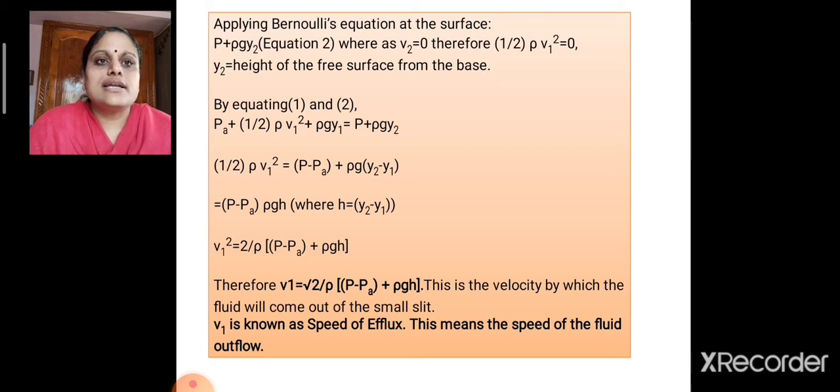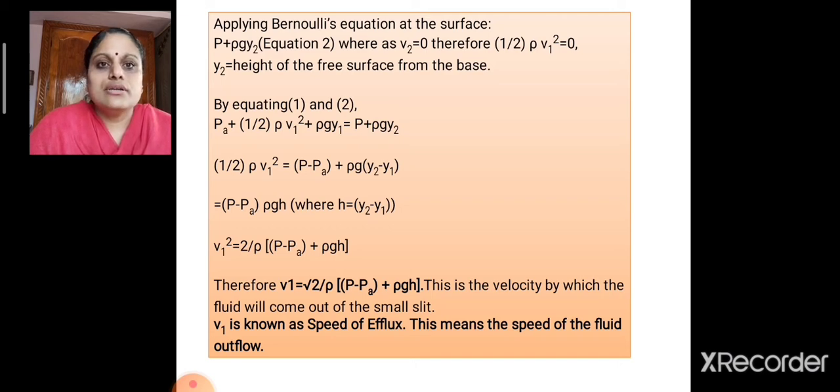Applying Bernoulli's theorem at the surface, we get P plus rho G Y2, since V2 is equivalent to 0 and Y2 is the height of the free surface from the base. Equating the two, we get PA plus half rho V1 square plus rho G Y1 is equivalent to P plus rho G Y2.